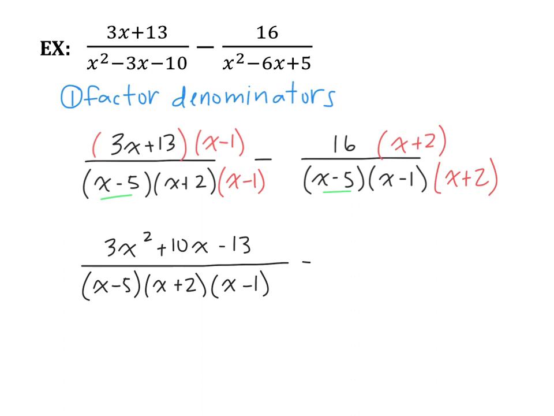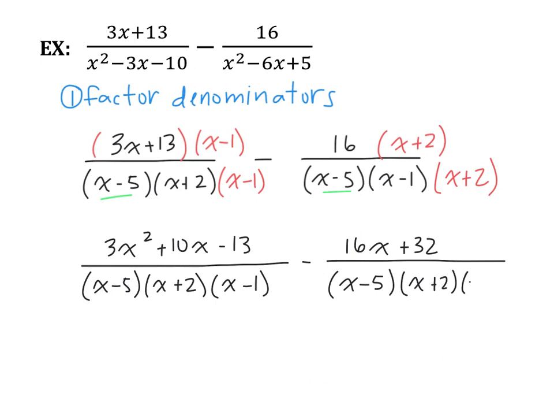Distributing that 16, we're going to have 16x plus 32 over our common denominator now, x minus 5, x plus 2, x minus 1.